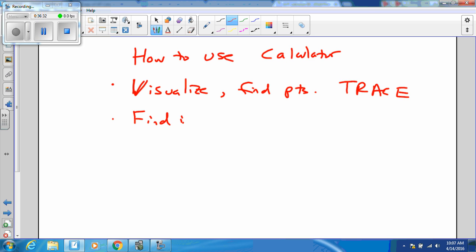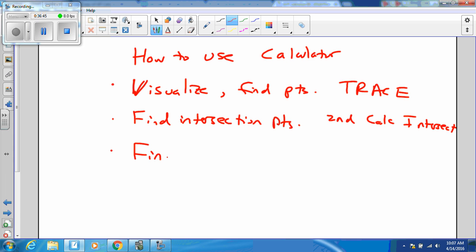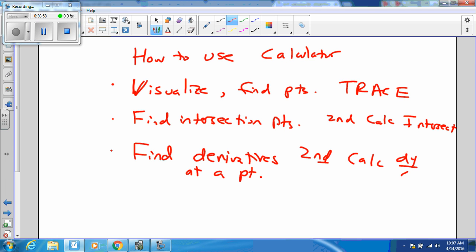To find intersection points, second calc intersect. To find derivatives at a point with second calc dy dx.